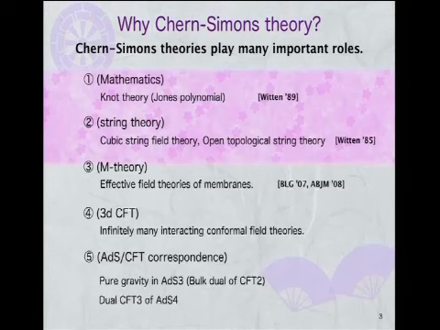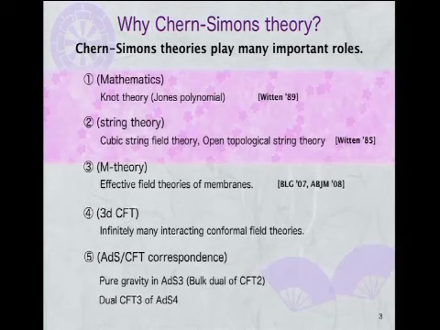For example, Chern-Simons theory is interesting as pure mathematics, and actually Chern-Simons theories have a close relationship with knot theory. And in the context of string theory, Chern-Simons theory is also important.